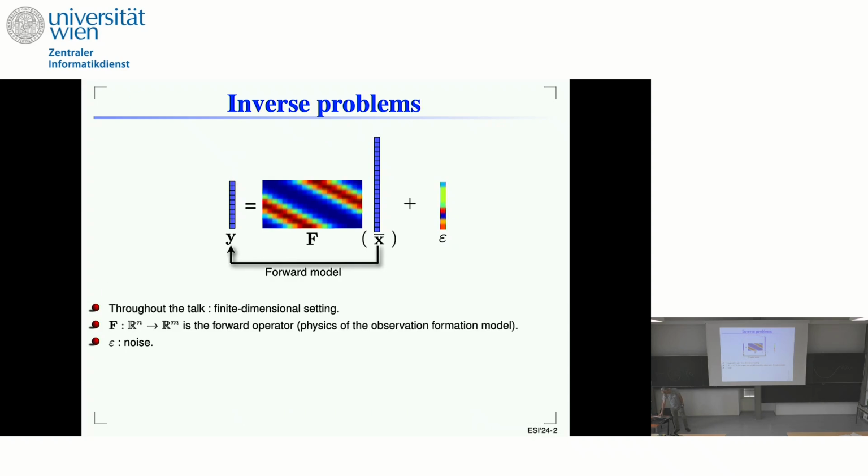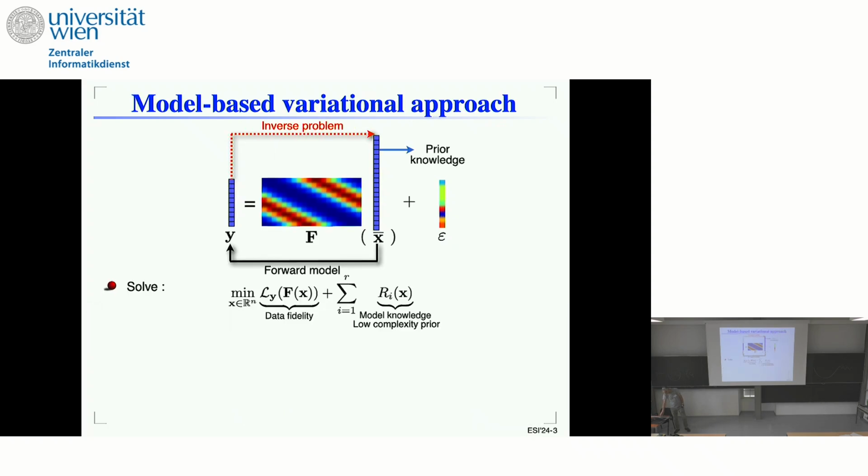The typical approach that has been developed for a very long time in this community of inverse problems is to use variational formulations to solve this inverse problem. This is what we call model-based. Why? Because typically we're going to minimize with respect to s in R^n a composite function, which is the sum of two terms.